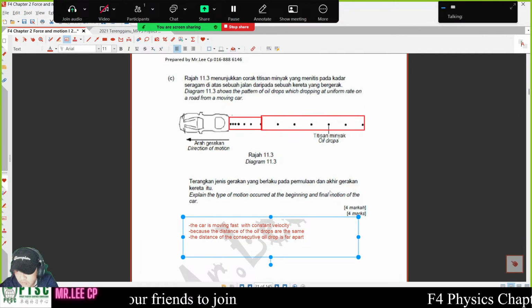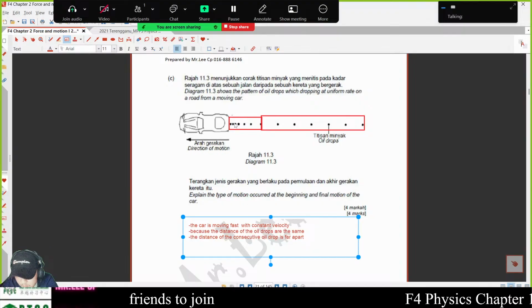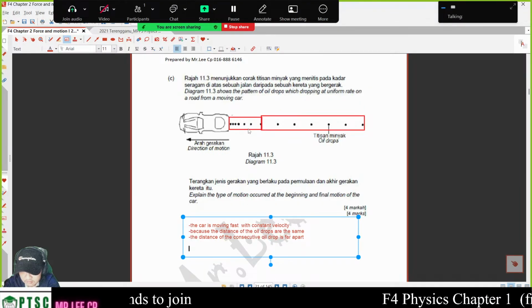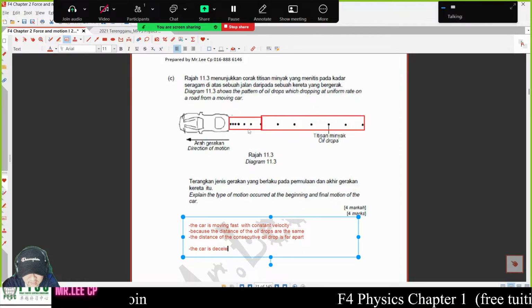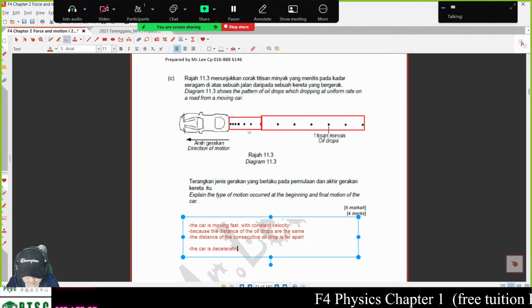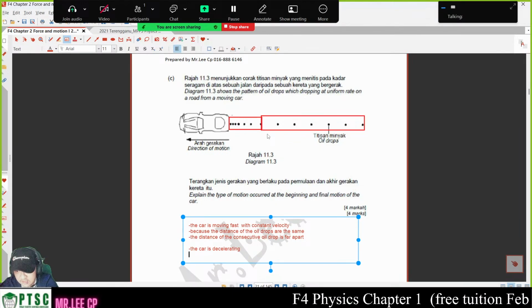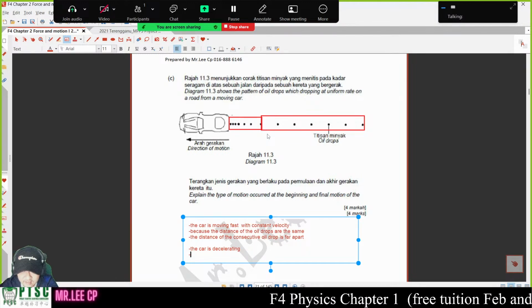Next one, at the final motion here. So final motion, the car is decelerating. Right, decelerating. Why are you saying that it is decelerating?